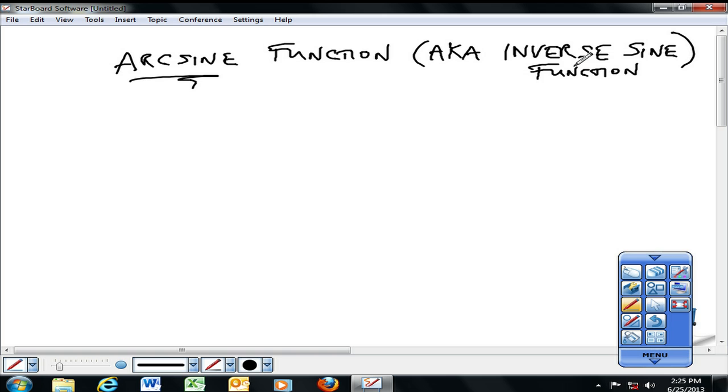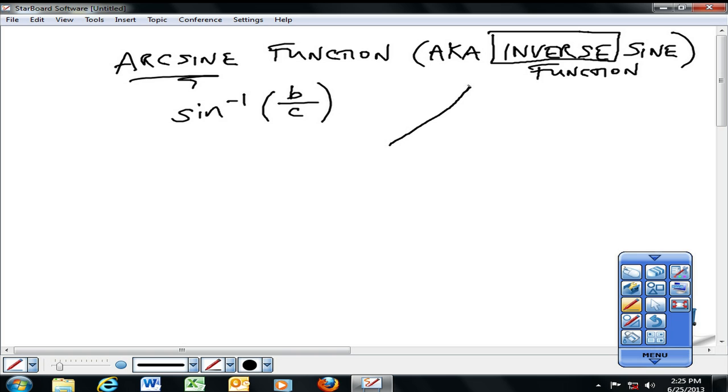In your textbook, you may see something like this, sine to the -1, which suggests this idea of inverse. Inverse sine function. And the inverse sine of, what if we had a length b divided by c. Okay, here's our visual.